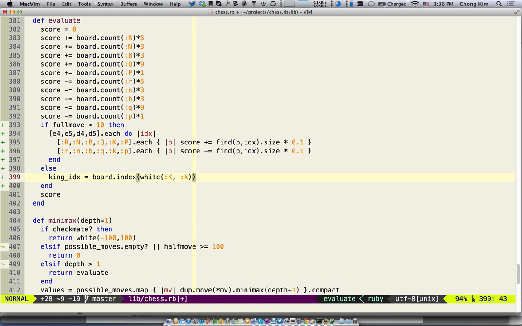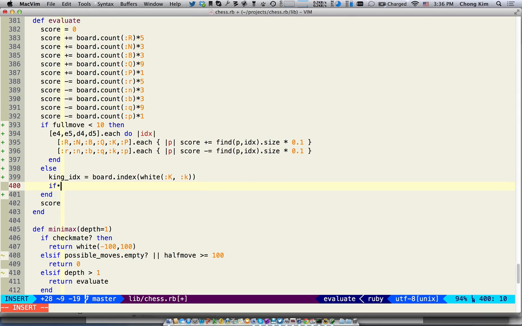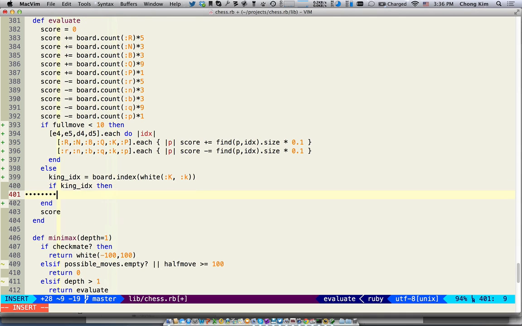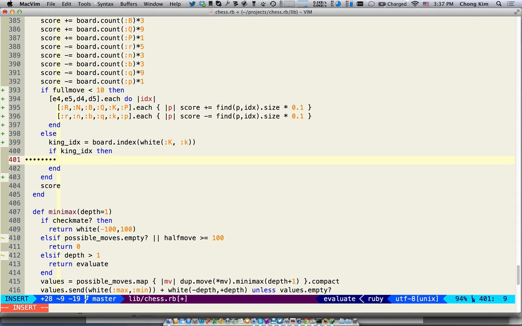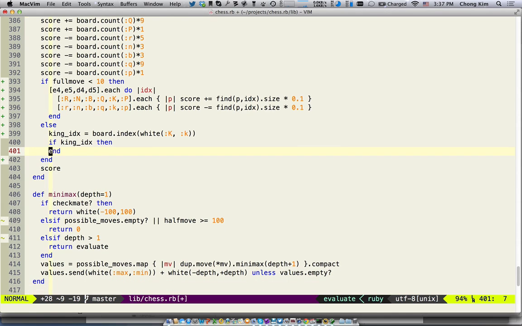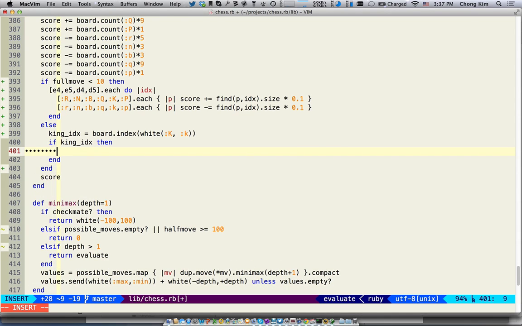I'm going to say if king index, because there are some positions where there are no kings, not in a game, but in our tests. So I don't want our test to break. So I just put this in a condition.